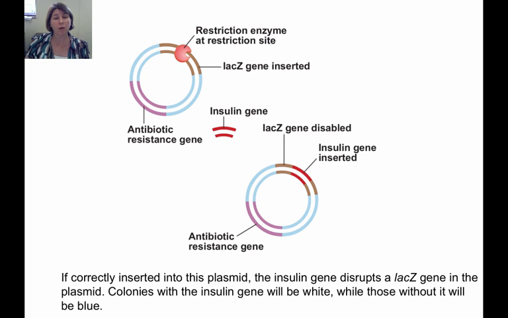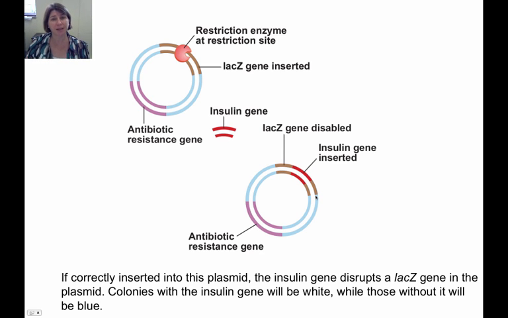What will happen is that in the plasmid which has no insert, so this original plasmid itself, the LAC-Z gene will produce a blue colour when given a particular substrate called XGAL. However, when we cut with a restriction enzyme in the middle of this LAC-Z gene and clone into it another gene or another DNA fragment, in this case insulin, then we'll be disrupting the LAC-Z gene.